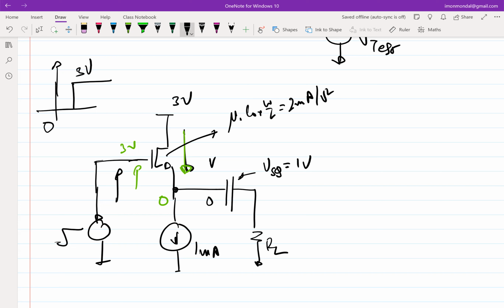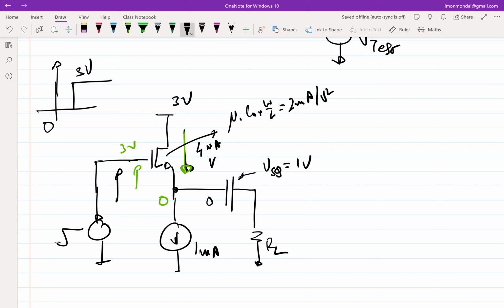If you turn it on, what is the amount of current we are going to draw? Suddenly you are drawing 4 milliamp, pushing 4 milliamp into the node, and 1 milliamp is sucked out. Where is the 3 milliamp going?